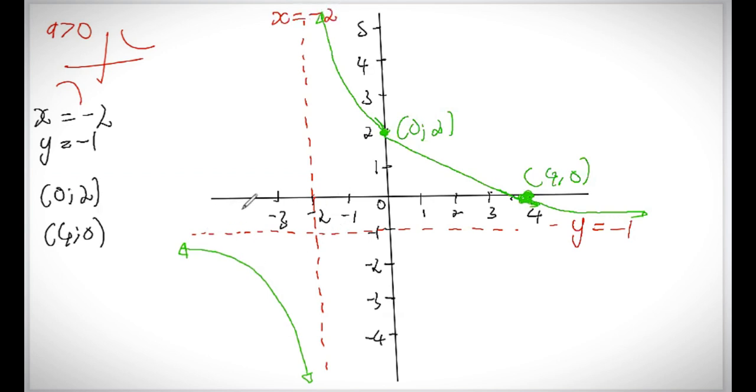So just like that, you have clearly shown all the intercept with the axis and you have clearly shown all the asymptotes. So that's how you were supposed to sketch this for a total of 3 marks. So note how I went about with that one. Start with the asymptote and then go ahead, plot your intercept with the axis, then just join to form that curve there. Okay, so let's proceed to the next question.